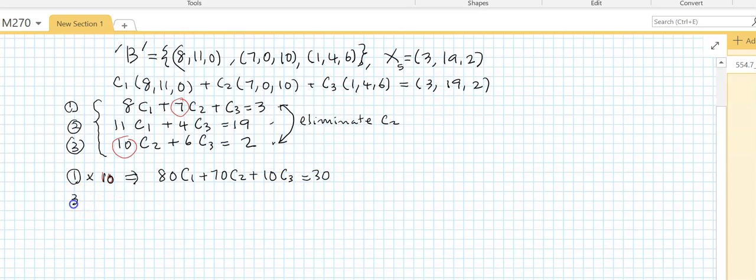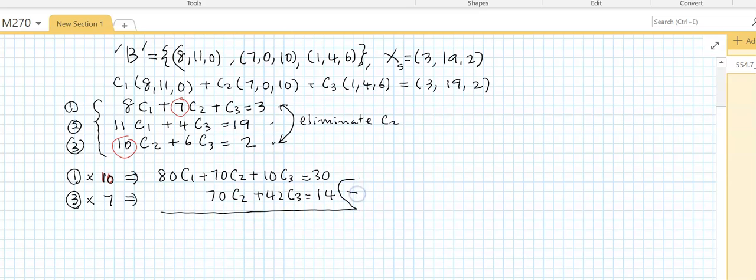And I want to multiply equation 3 by 7. So 70C2 plus 42C3 equal 14. And I'm going to subtract. So C2 gets canceled, right? So there would be 80C1 minus 32C3 equal to 30 minus 14 is 16.